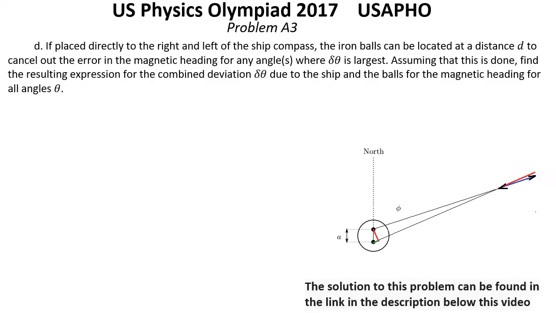Answer for question D. Note that the two iron balls create a magnetic field near the compass that behaves like that of the ship as a whole.